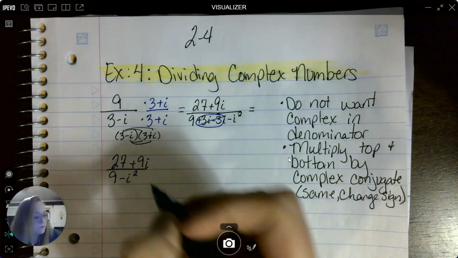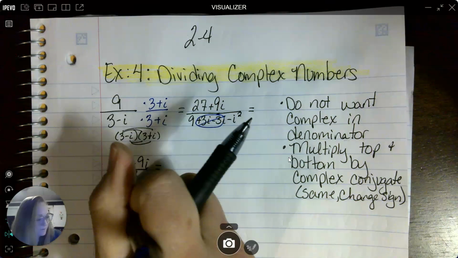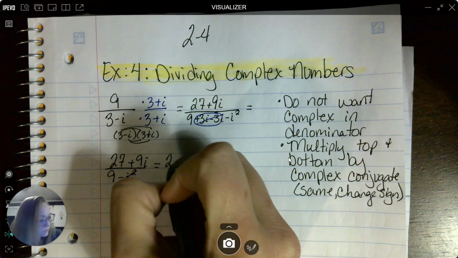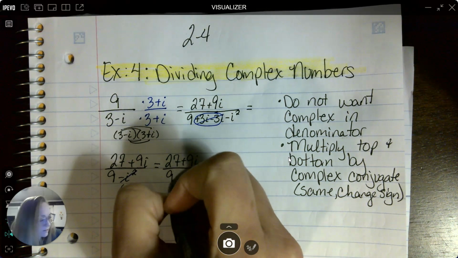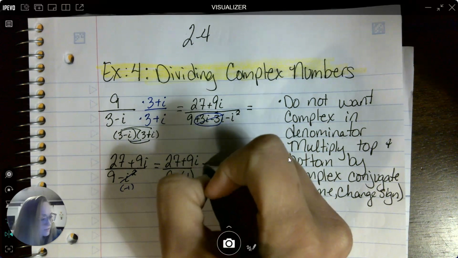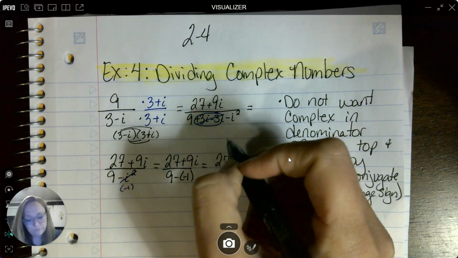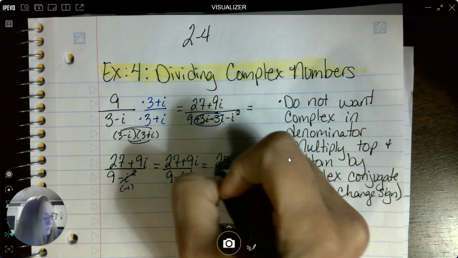Now we know that i squared is negative 1, right? So this becomes 27 plus 9i all over 9 minus a negative 1, which is a positive 1. So we get 27 plus 9i over 10.